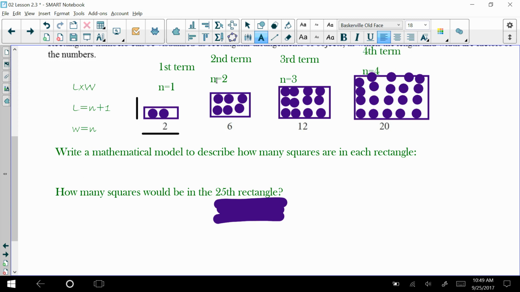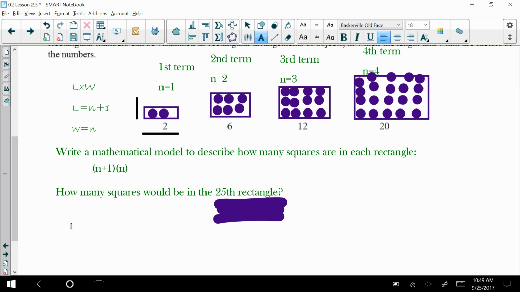So to write a mathematical model to describe how many squares are in each rectangle, I'm going to take length times width, but referring to the number of terms, I've got n plus 1 times n. So here's my length, n plus 1, and here's my width, n.